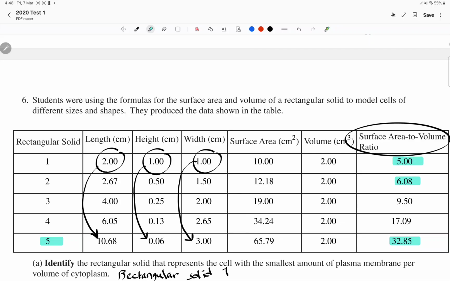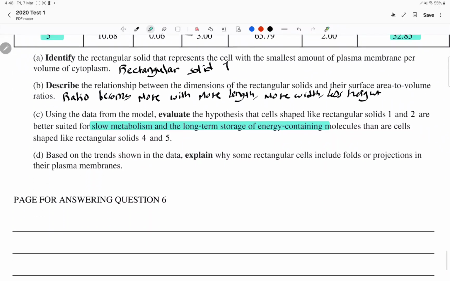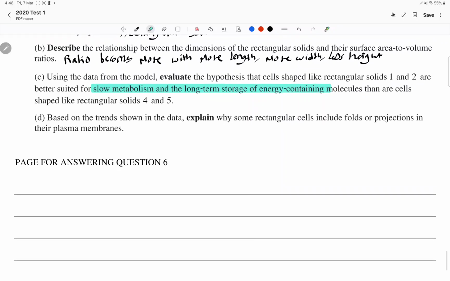So 1 and 2 have a low surface area to volume ratio. No, look, if the ratio is smaller, you're going to have slower metabolism, which means you can save more energy because you have less efficiency of things. So the less, the better? No, the less, the worse. But for this question, they're asking for worse.